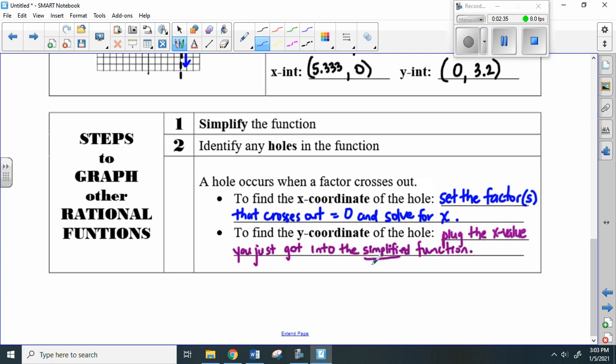It's important that you plug that into the simplified function. You'll get practice with that in just a few minutes. Again, we're just taking notes.